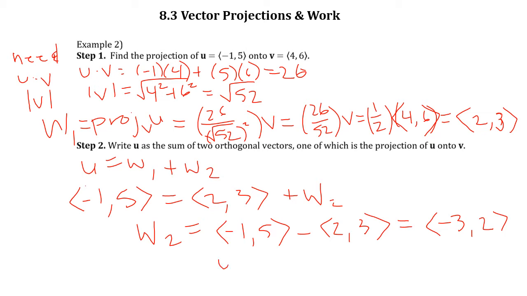And so our final answer, because this is how they want the final answer, just so you know and have it in your notes, because it is an open note test, is u equals 2, 3 from W1 plus our new W2, -3, 2. And if you did the dot product of these two vectors, you would get 0, because that's why they're orthogonal.